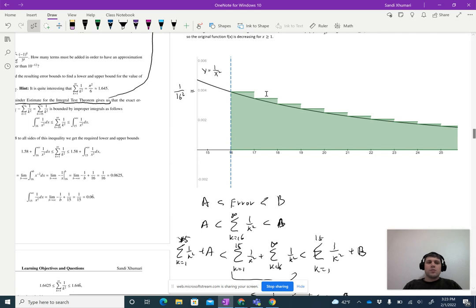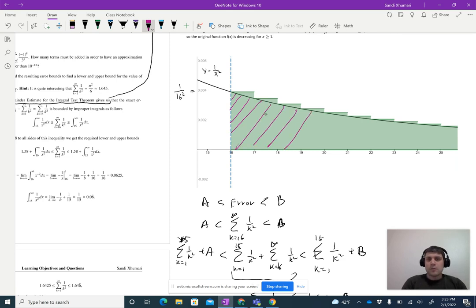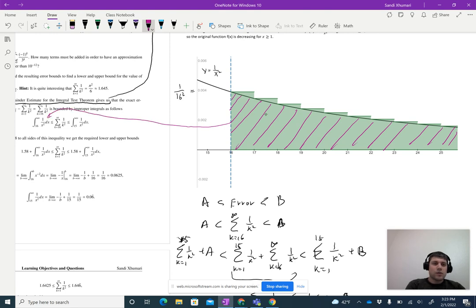And so we can now use the integral to estimate it. Let's use some color. If I think about the area under 1 over x squared, which is this, right? This is definitely an underestimate of it. So if I go from 16 to infinity, that integral will give me the lower bound.